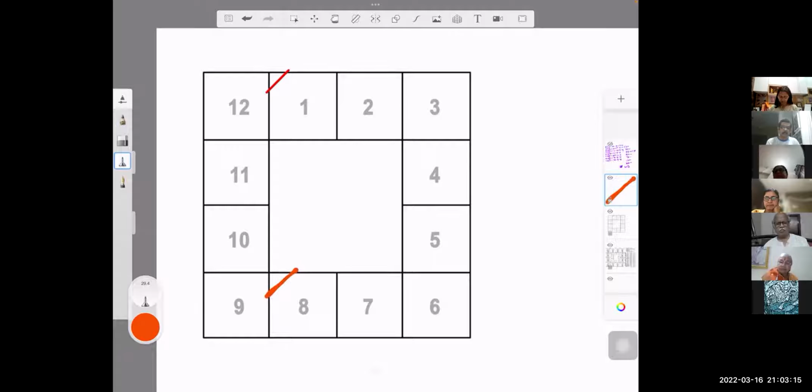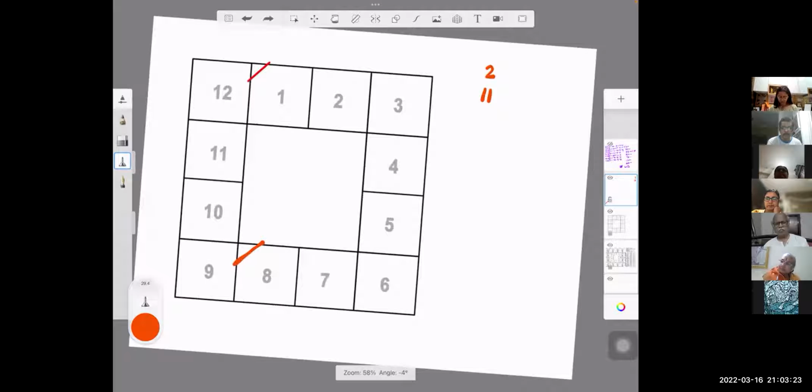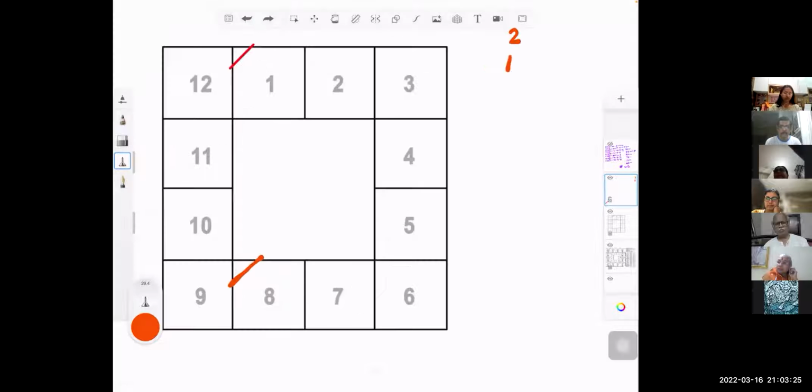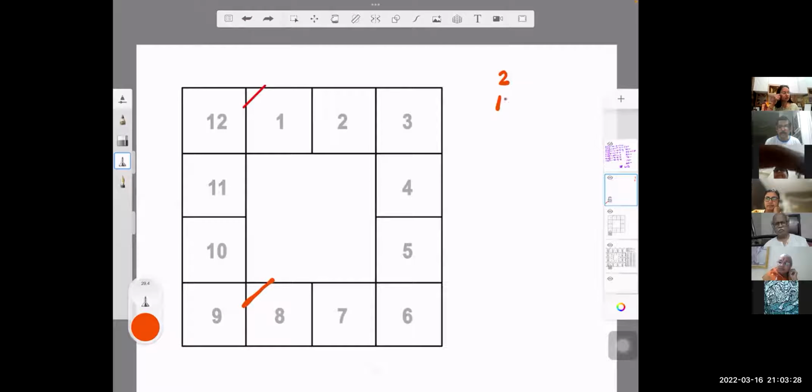So let's talk about your second house of income, your 11th house of gains. मैं 2 and 12 देख रहा था मैं. 6th house of illness, 8th house of obstacles, and 11th house of gains.